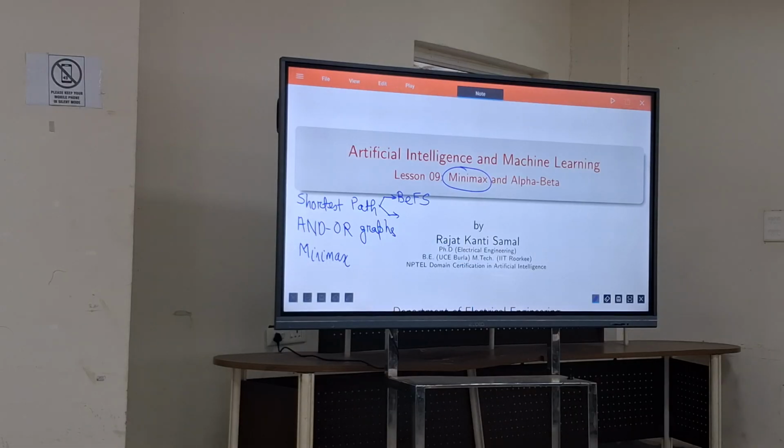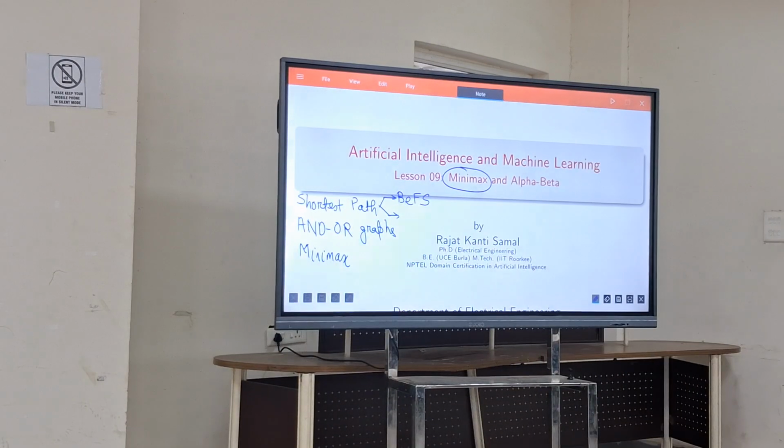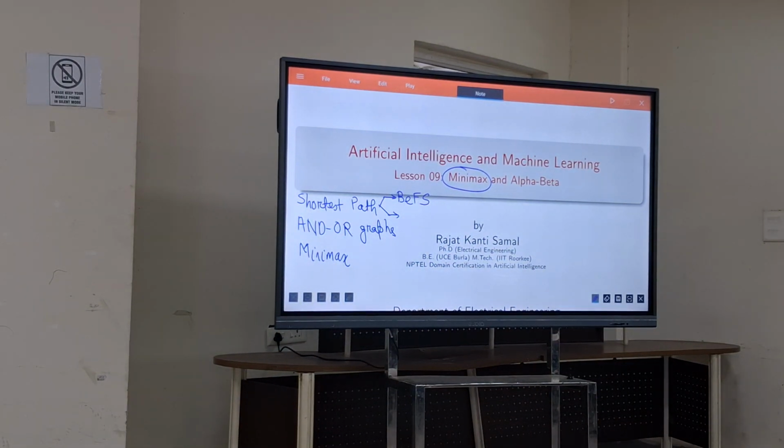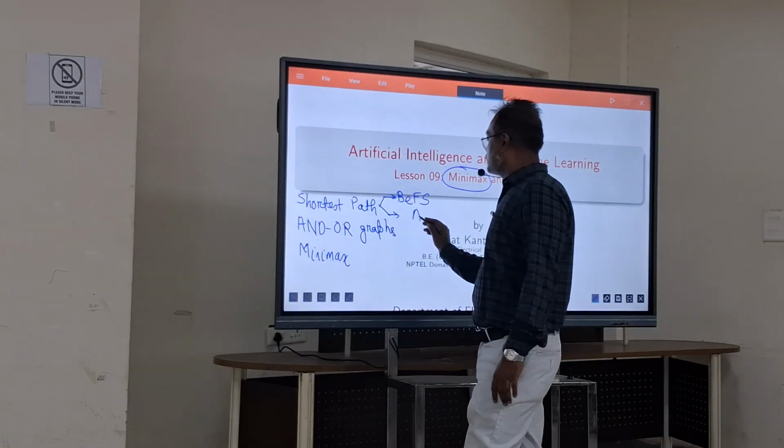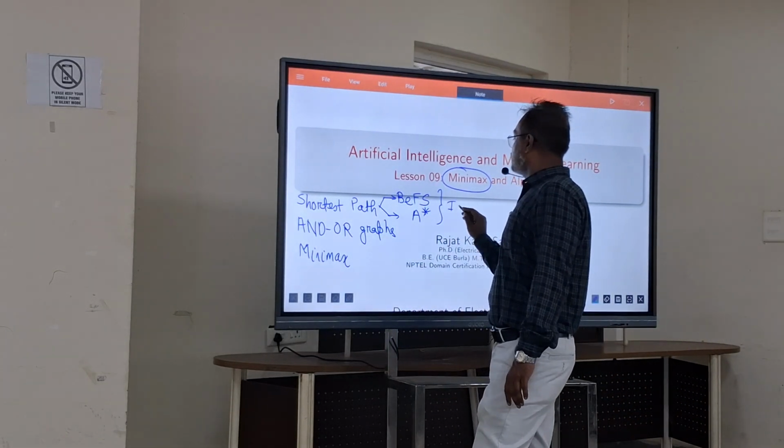That is the first algorithm we have seen. What is the other algorithm? A star. So these are the two informed search algorithms.